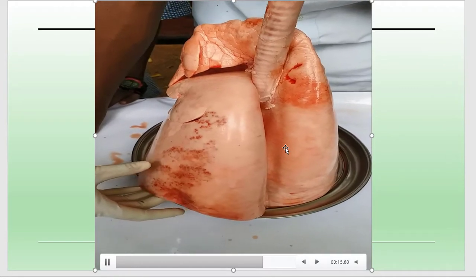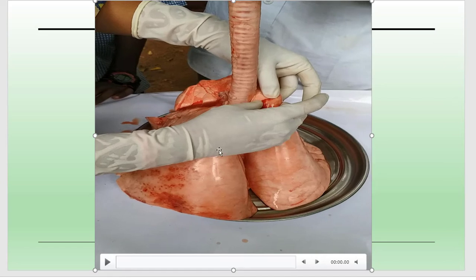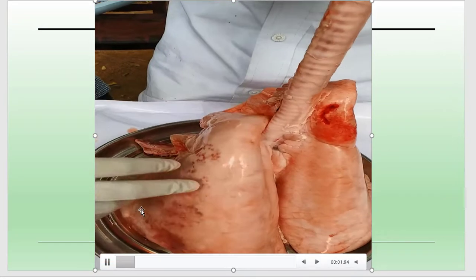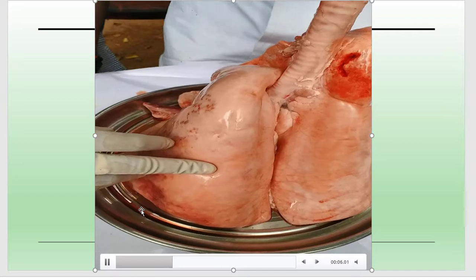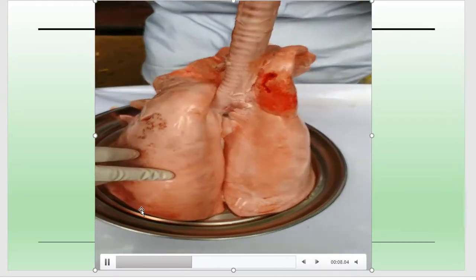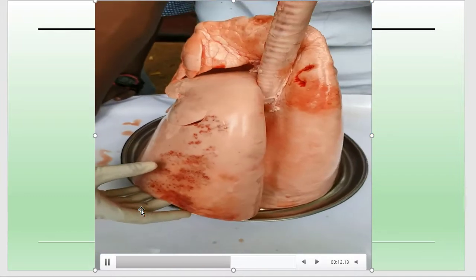At the time of exhalation, the size of the lungs decreases. See, like this. Observe it again. The size increases and decreases. Inhalation.